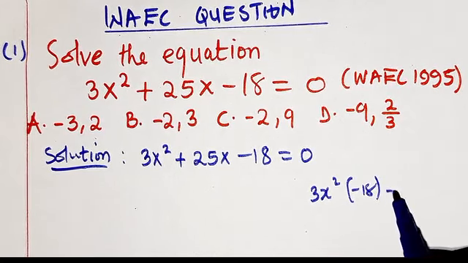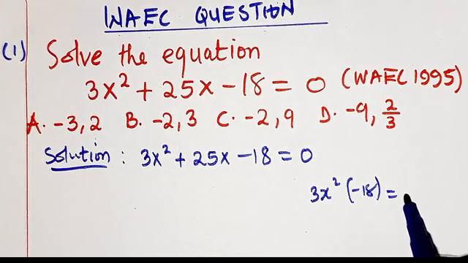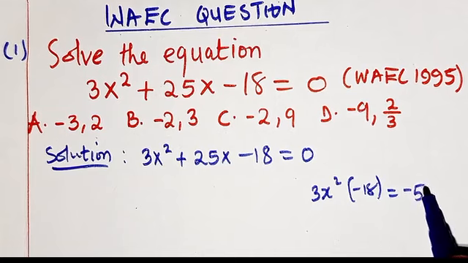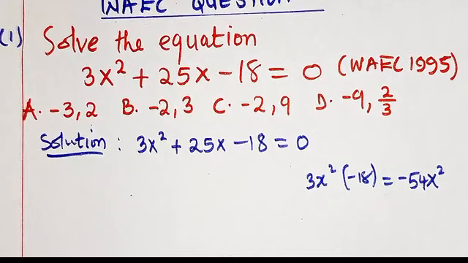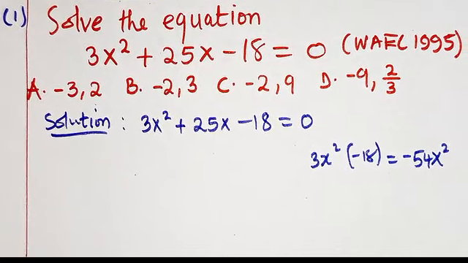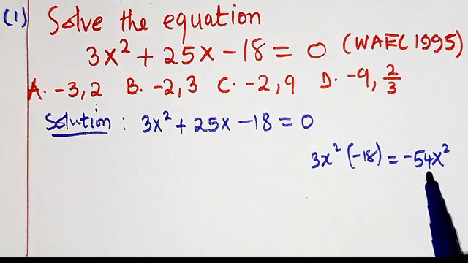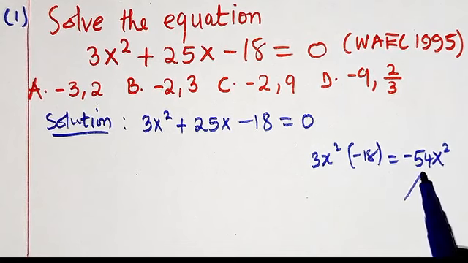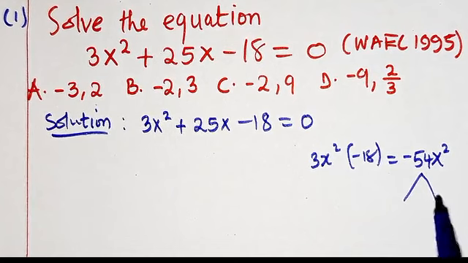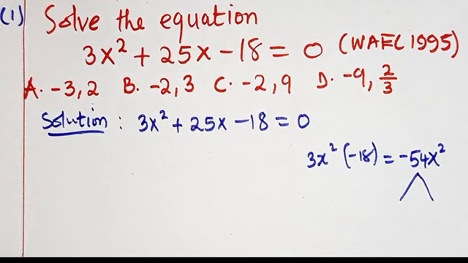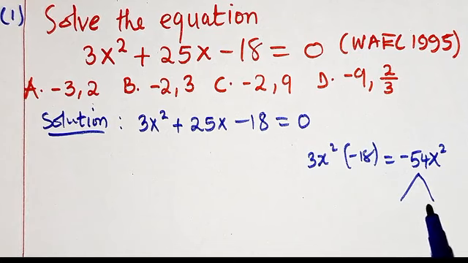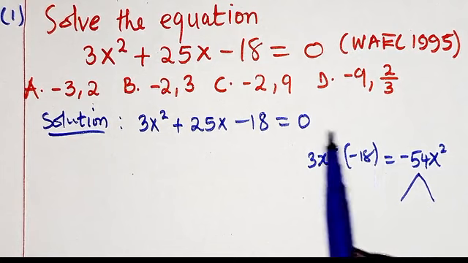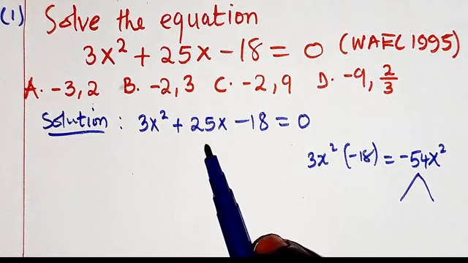You see that this is going to give me minus 54x squared. So the next thing we're going to do is look at how we can factorize this minus 54x squared, so that when we add the factors together, we're going to have 25x.